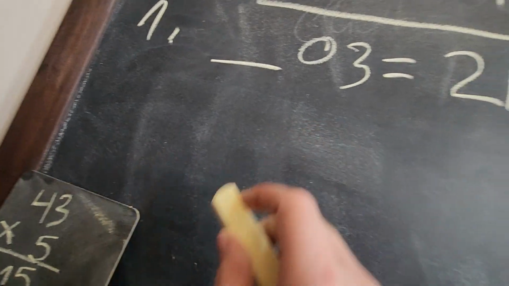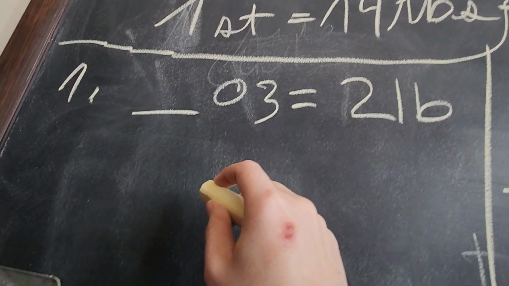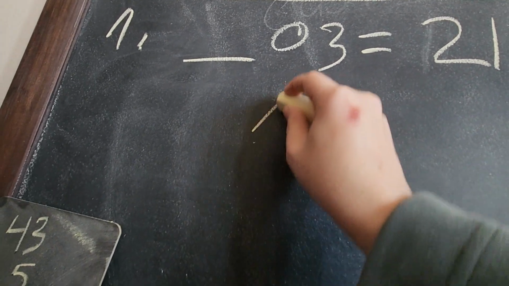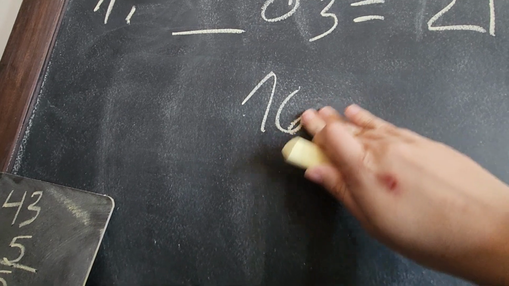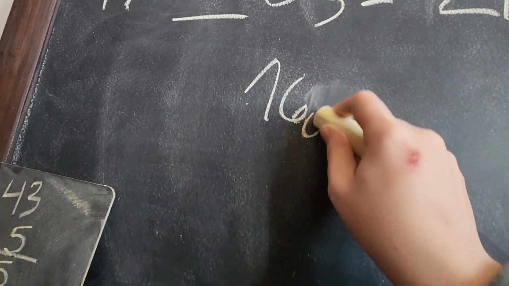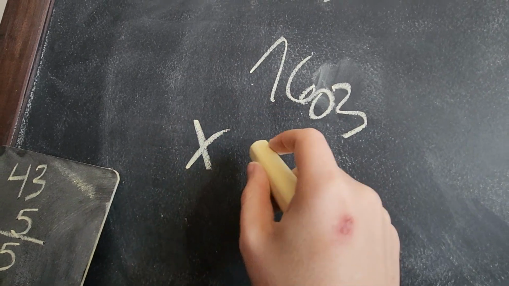So I think you multiply 16 times 2. Let me see here. So if we got 16 ounces, and you multiply that by 2.